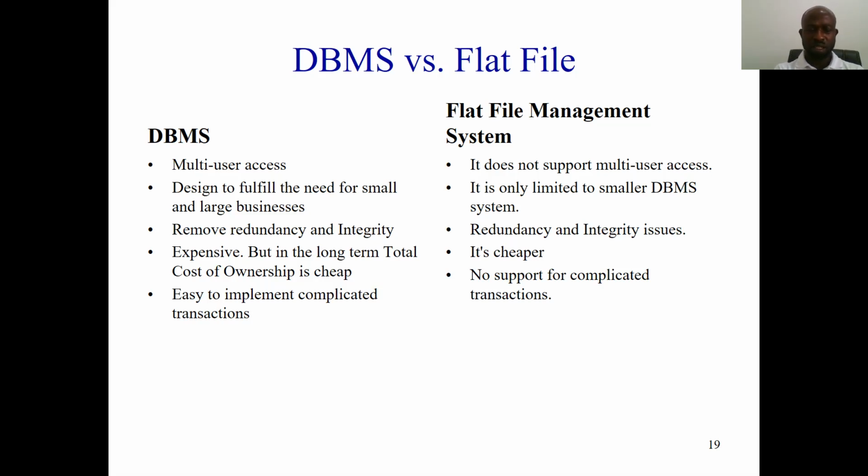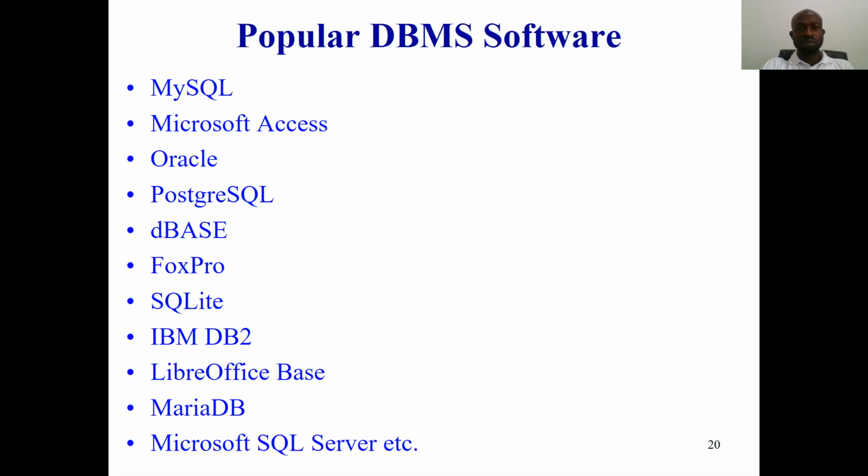DBMS removes redundancy and ensures integrity with respect to data. But with the file management system, there are issues of data redundancy and integrity. DBMS is very expensive. File is cheap. And DBMS makes it easy to implement complicated transactions. With respect to the file, there is no support for complicated transactions.